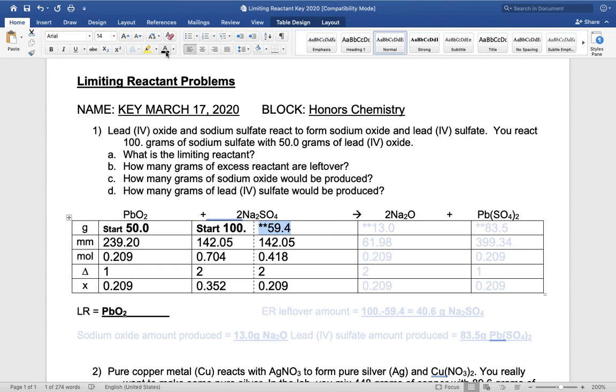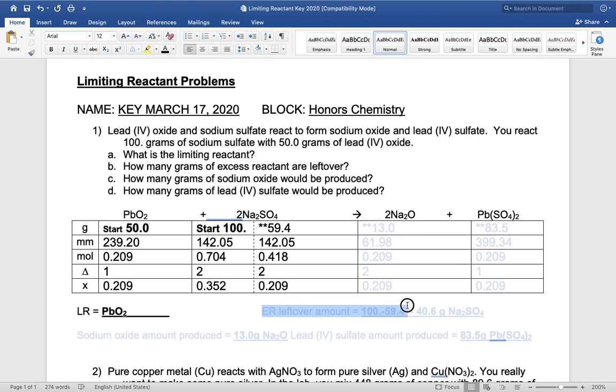But let's read the question. It says, how many grams of excess reactant are left over? What that really means is I started with 100 grams of sodium sulfate and the reaction used 59.4 grams. So my answer is not 59.4.